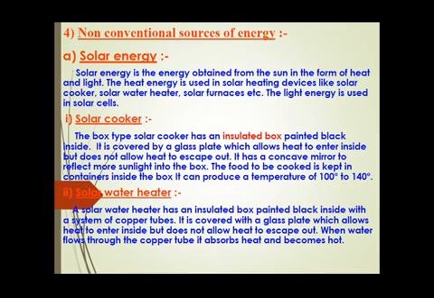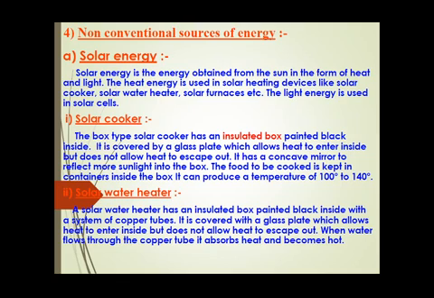Which mirror is used in the solar cooker, and why is a concave mirror used? These are the very regular questions which are asked about the solar cooker in the board examinations. I'll be showing you the diagram in the next slide, or you can refer to the diagram in the NCERT book, or the PDF which I have shared with you.